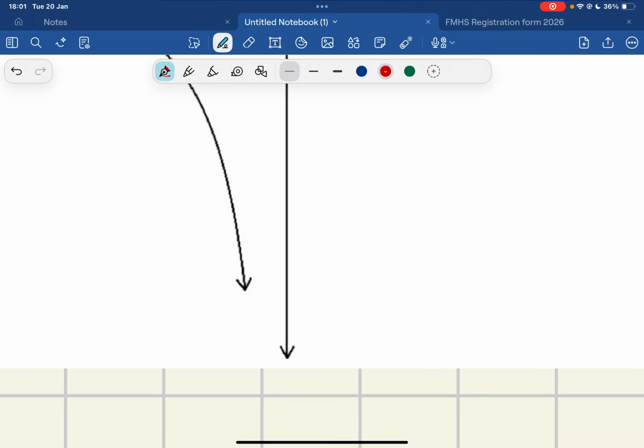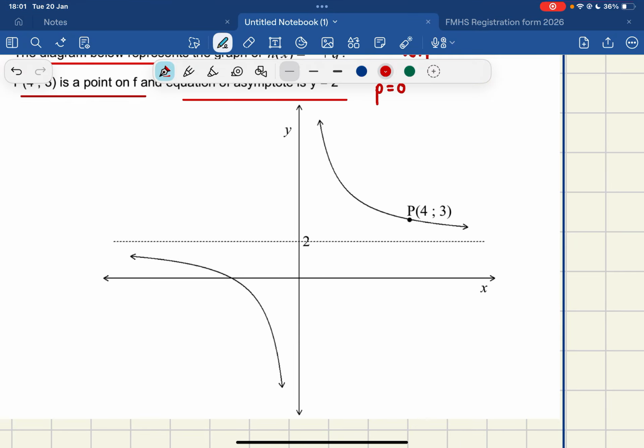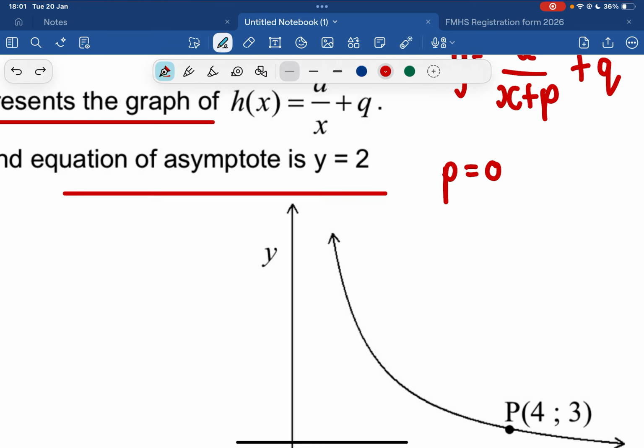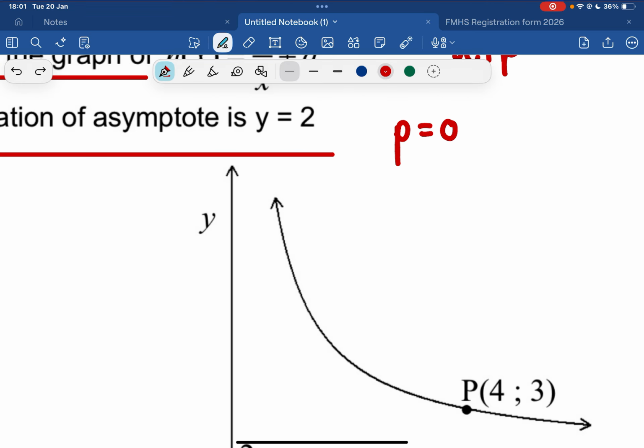And looking at this graph, the image given, the graph gets close to this line, which is x equals 0, but never touches it. So that's your vertical asymptote. And we're also given the horizontal asymptote, y is equal to 2. Vertical asymptote, x is equal to 0.